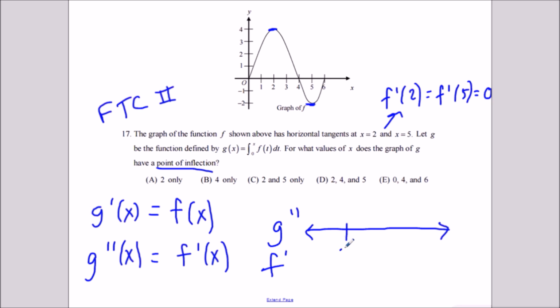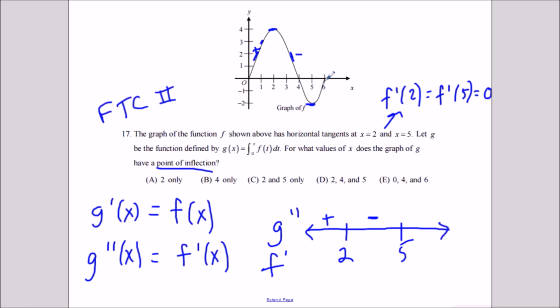So when we make our sign chart here, we can mark this at 2 and 5. Then to talk about the slope of f, between 0 and 2 the slope is positive. So the sign chart between 0 and 2 is positive. And between 2 and 5, the graph is decreasing. So the slope of f, or f prime, is negative, which makes g double prime also negative since they're equal.